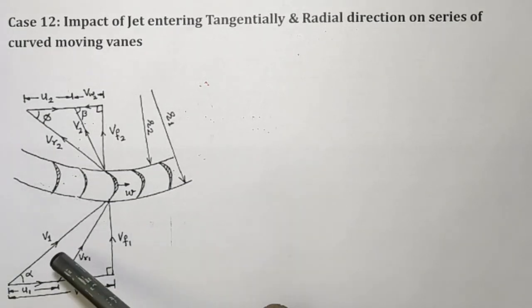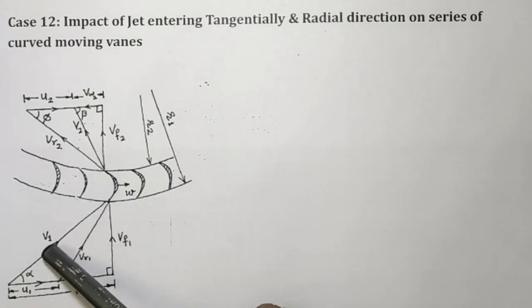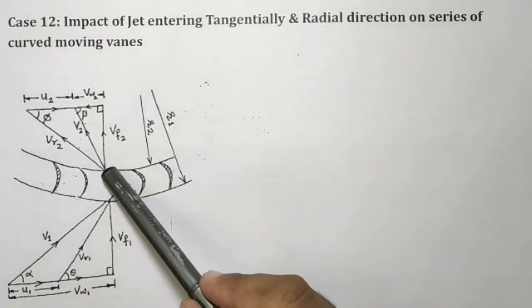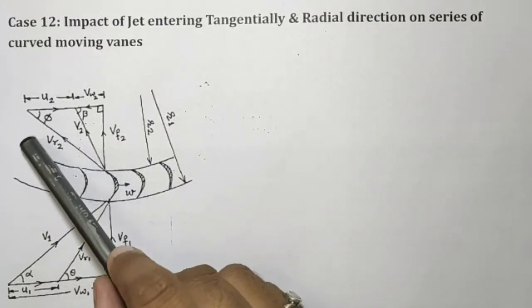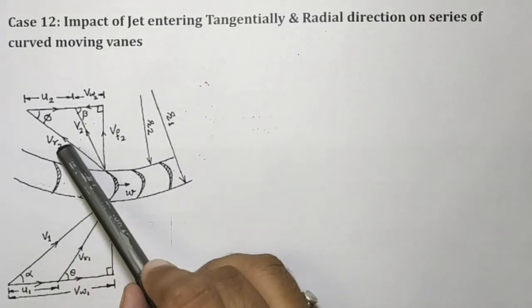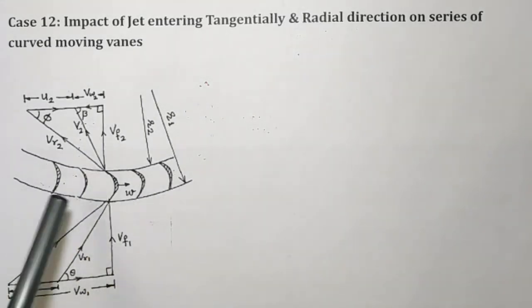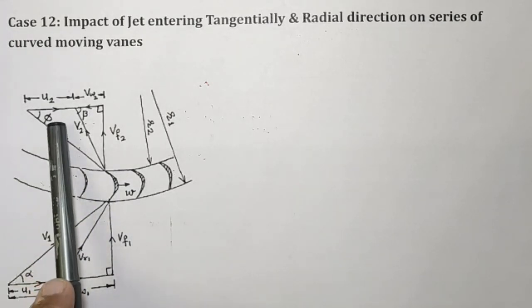As the direction changes and the jet enters the moving vane, we have to consider the relative velocity Vr1. Then this jet glides over this surface and exits with velocity Vr2. Vr1 and Vr2 are the same if there is a frictionless surface. If theta is the inlet angle, the outlet angle will be phi.